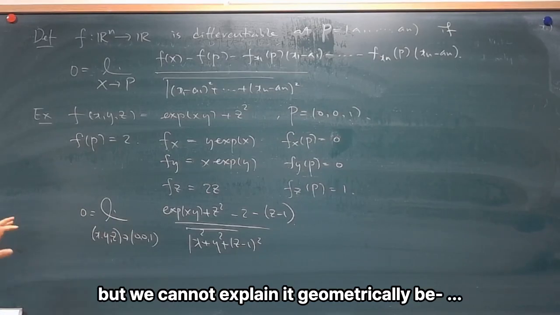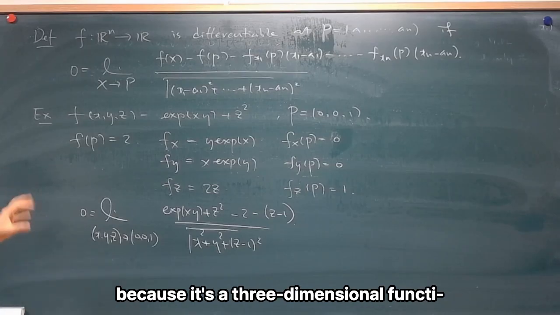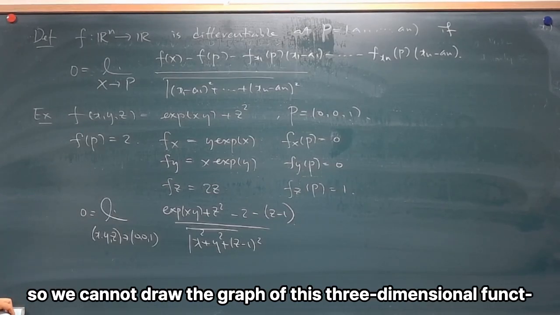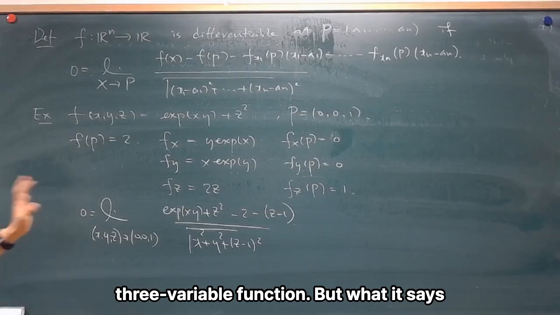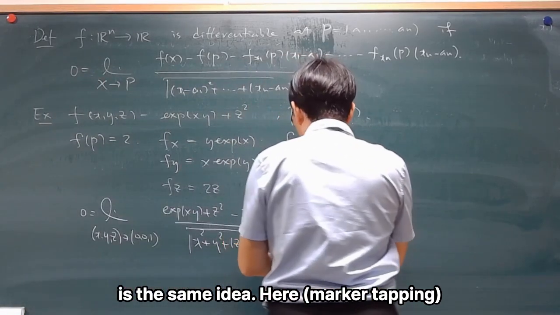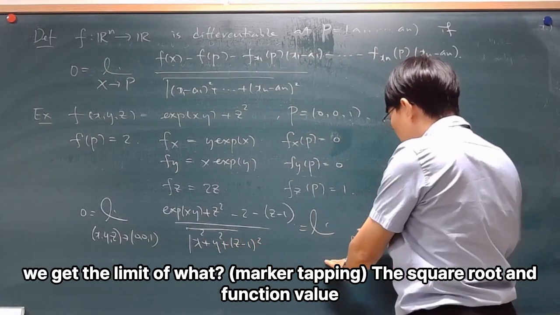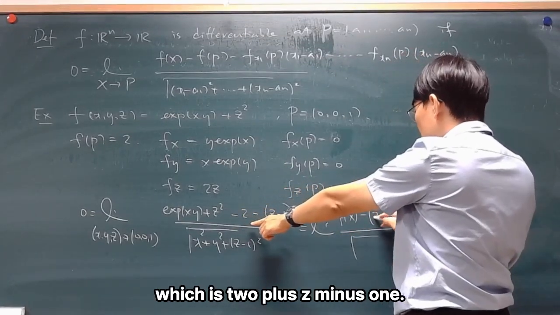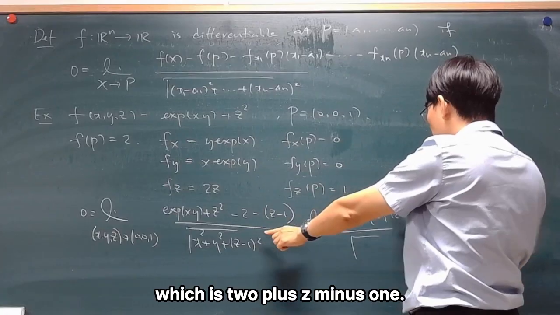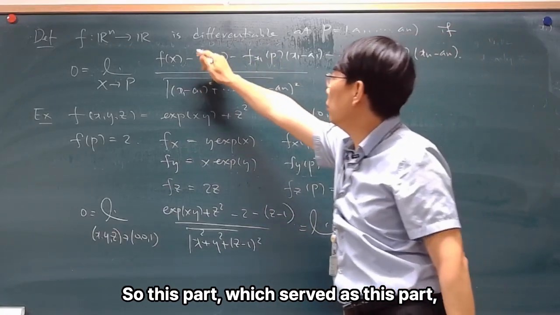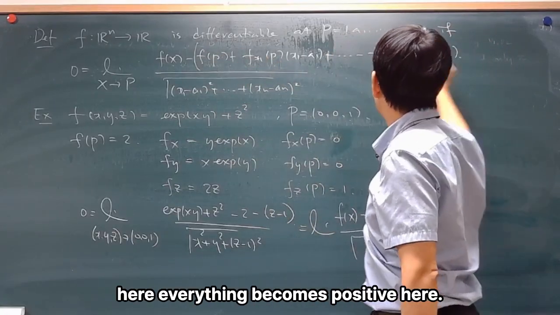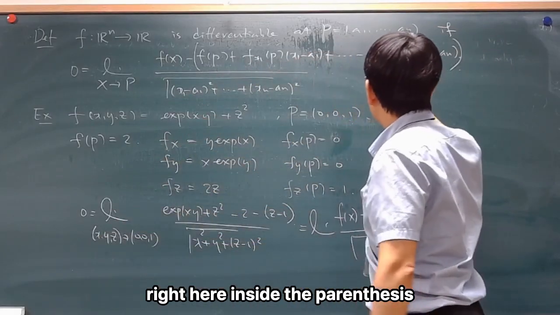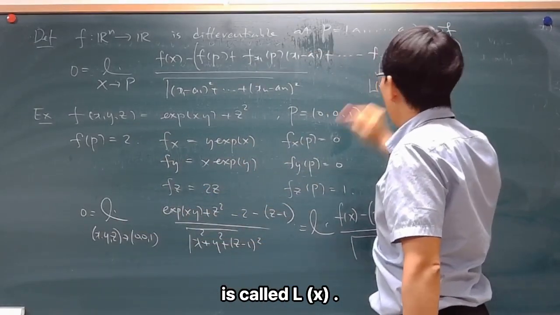We cannot explain it geometrically because it's a three-variable function, so we cannot draw its graph. But what it says is the same idea. Here we get the limit of the function value minus something else, which is 2 plus (z minus 1). If I take a parenthesis here, everything inside the parenthesis is called L(x).